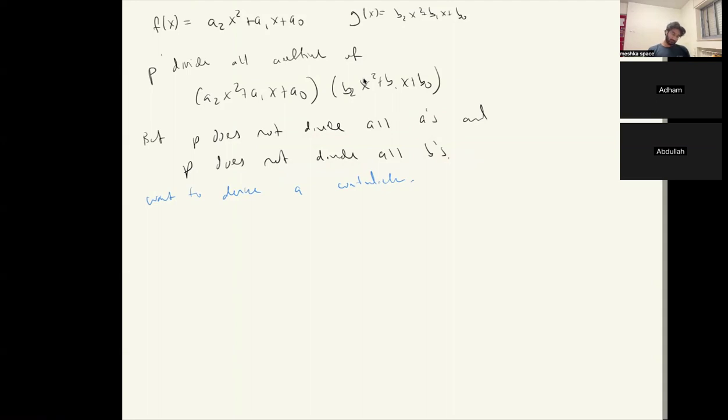I think one place we can start is, let's say p divides a0 b0, that's the constant term. So it means p divides a0 or p divides b0.